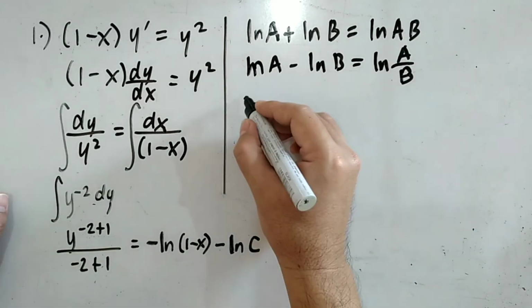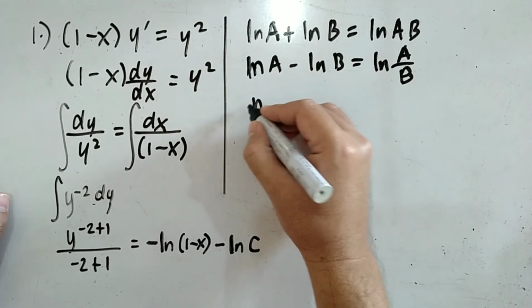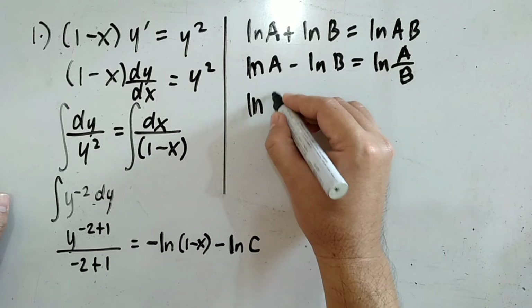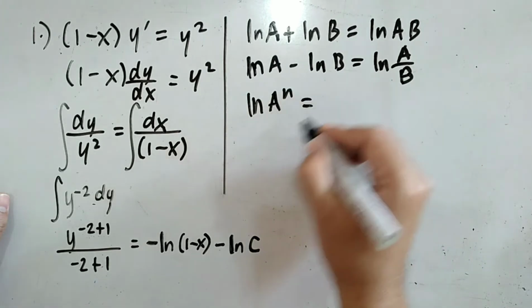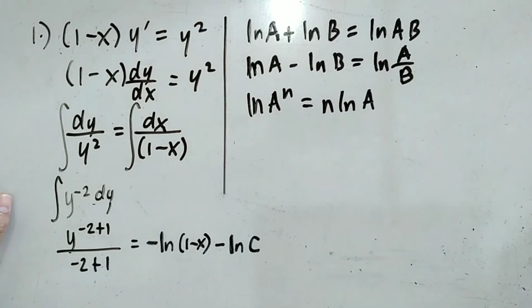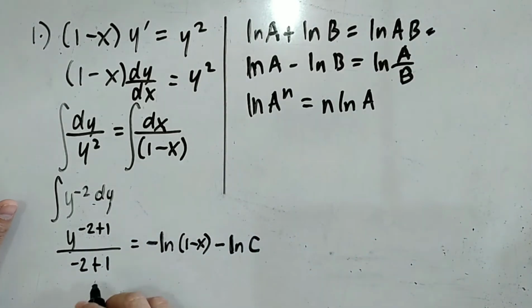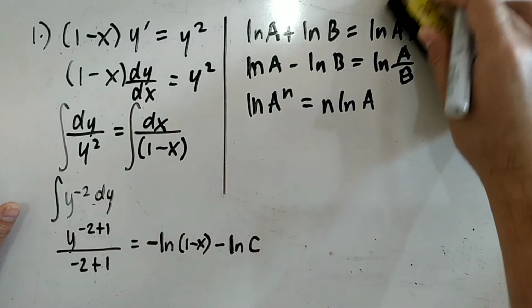Another one is if you have, for example, ln of a to the power of n, we can rewrite this as n ln of a. So we apply this principle to simplify the expression on the right side.